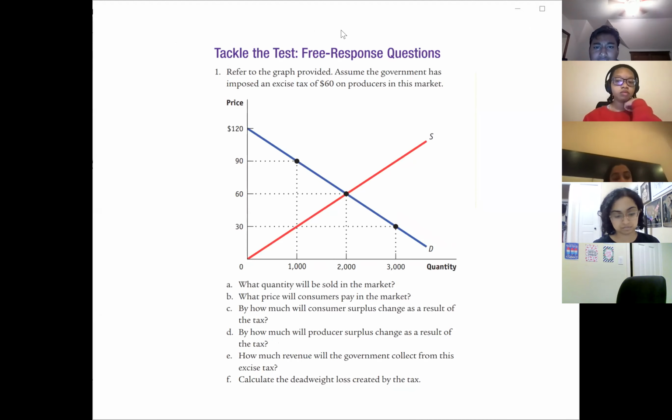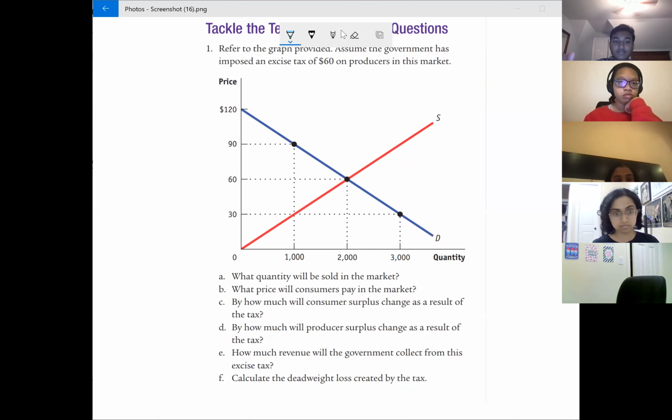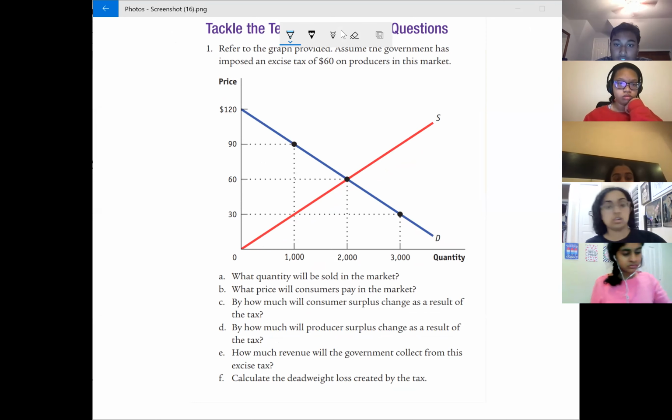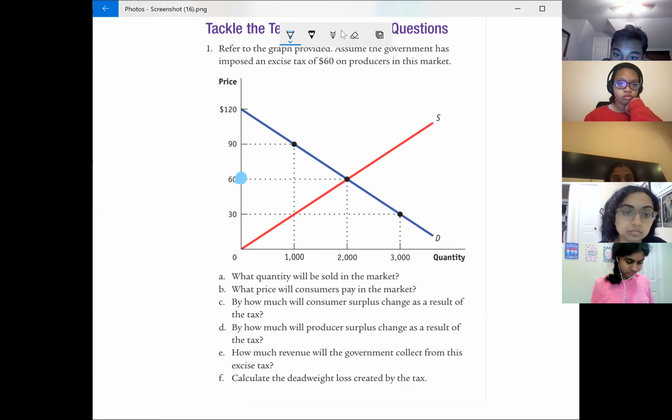It says refer to the graph provided, assume the government has imposed an excise tax of $60 on producers in this market. So basically what that means is I'm going to shift the supply curve $60 at every single point on the supply curve. So I'm going to redraw that. So here, and then, why is it so thick? Okay, here, and then 120, right?